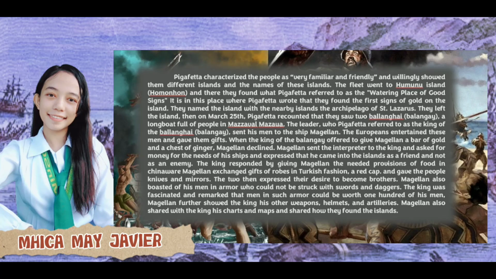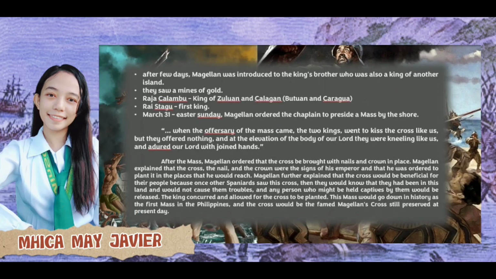Magellan also shared with the king his charts and maps and shared how they found the islands. After a few days, Magellan was introduced to the king's brother, who was also a king of another island. According to Pigafetta, they saw mines of gold. The gold was abundant at the parts of the ship, and the houses of the second king were made of gold.